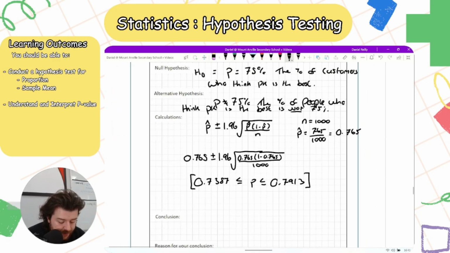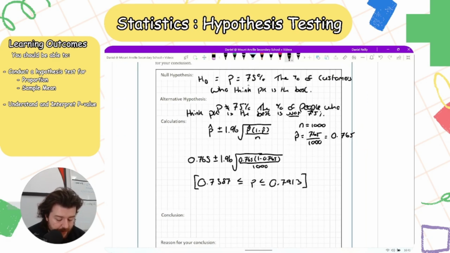So let's look here. They're claiming 75%, right? This 75% is within my interval. Therefore, we fail to reject the null.